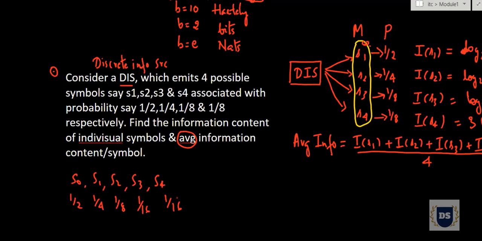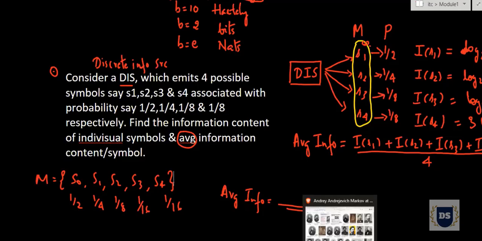Now I want you to repeat the same procedure, and tell me what's the average information content per symbol. The only change here is we have got one more symbol. So on a whole, our source alphabet M contains 5 symbols in it. You're having exactly 2 minutes. I'll start the online timer.